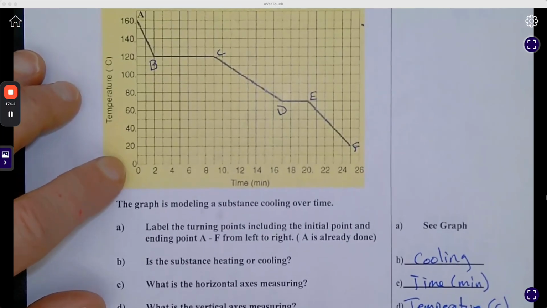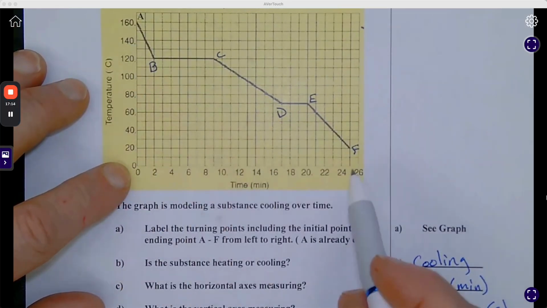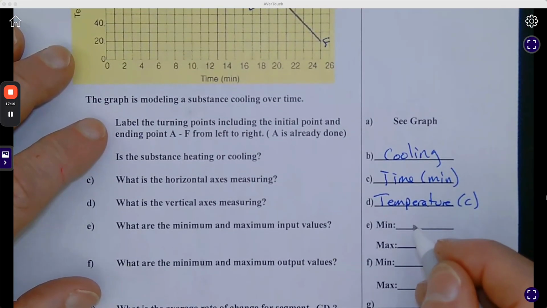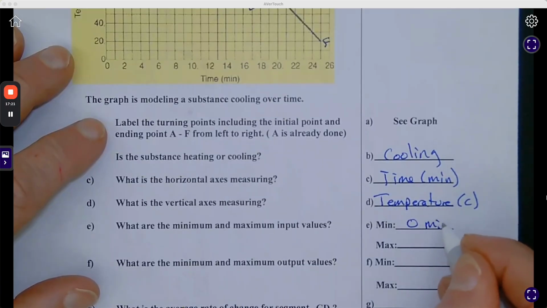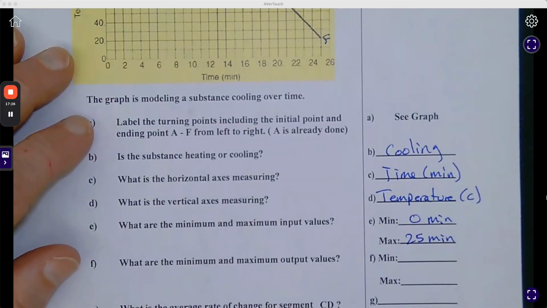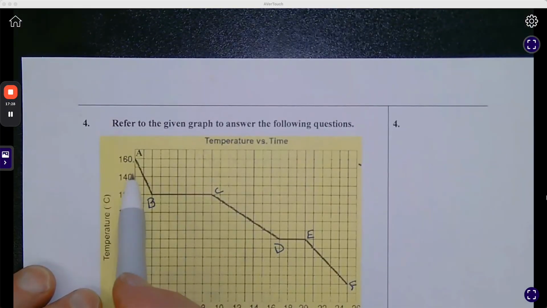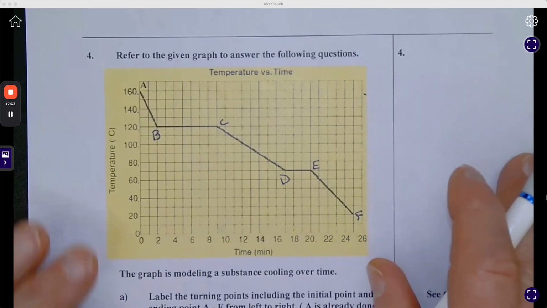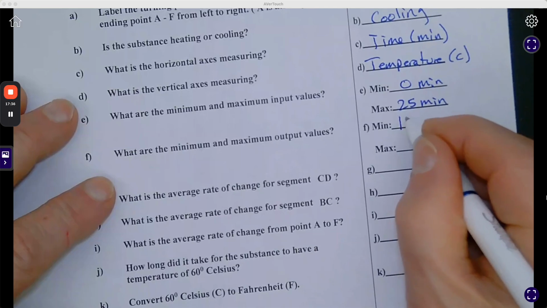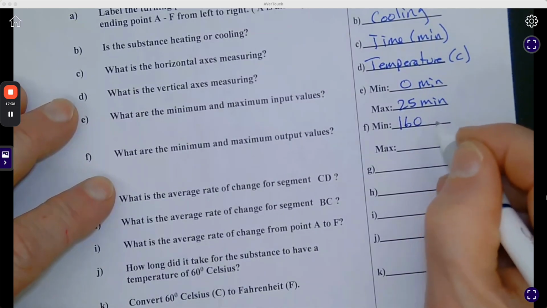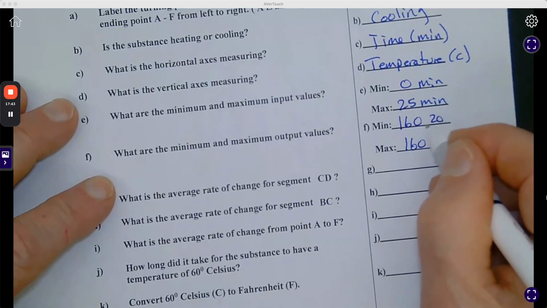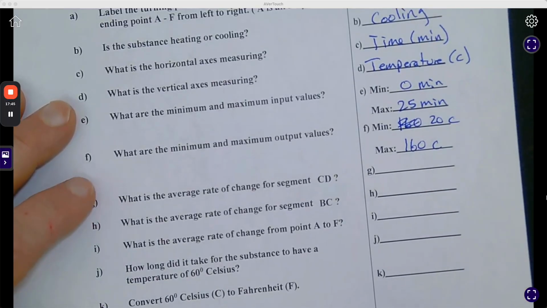All right, well, the minimum input is 0, and the maximum is 25 minutes. What are the minimum and maximum output values? The maximum is 160. The minimum is 20. And don't forget unit of measurement. 160 goes here, Celsius, and 20 goes there, Celsius.